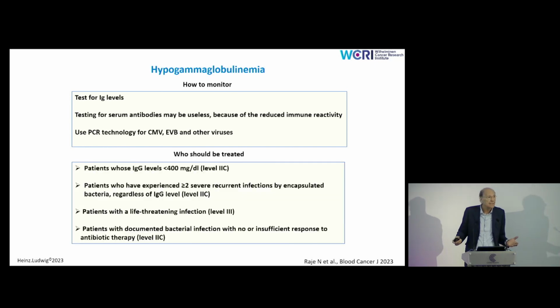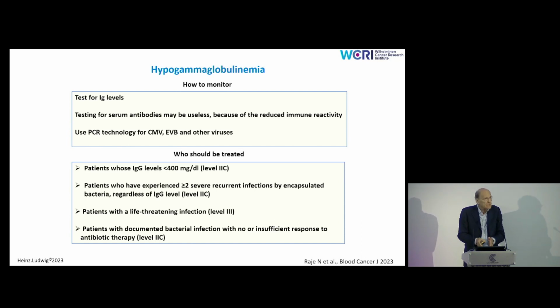Who should be treated? There are some guidelines. And actually, the guideline says you should start treatment in patients with IgG levels below 400 milligram. But that is not, I think, the holy grail, because there may be patients who have higher IgG levels but have recurrent infections. So I would include those.